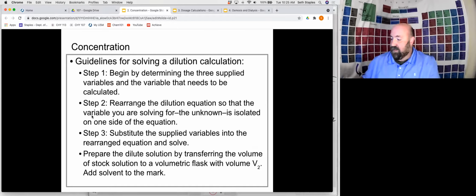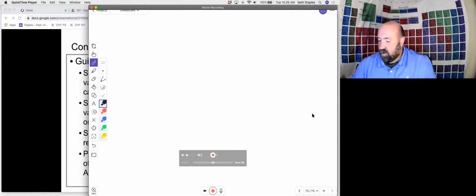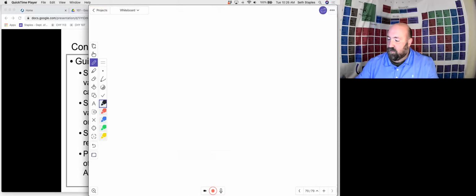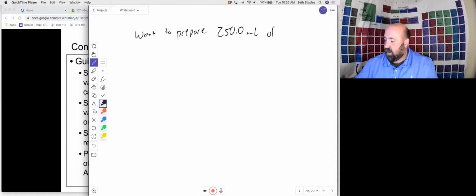And so again, let's look at an example of this. So let's maybe stick with our 12 molar concentrated hydrochloric acid. And so in this example, we want to prepare maybe we'll say 250.0 milliliters of 0.05 molar HCl from our 12 molar stock solution.